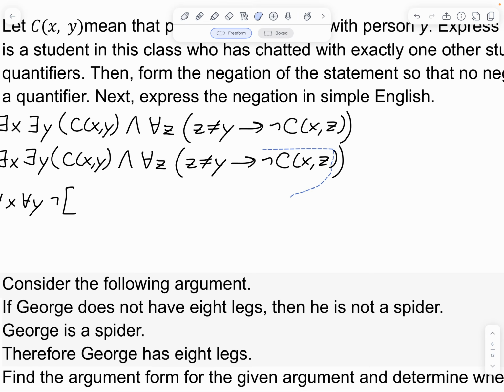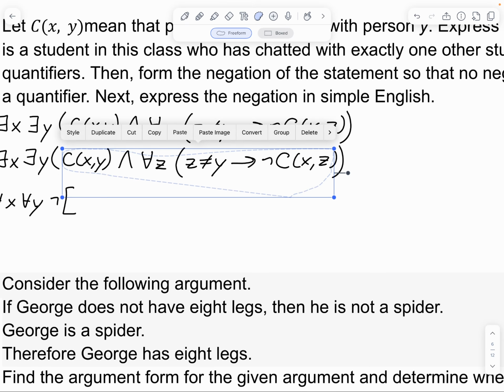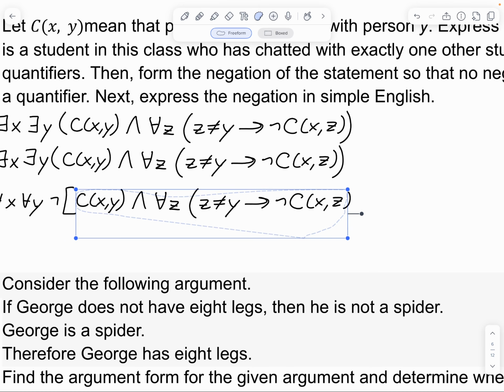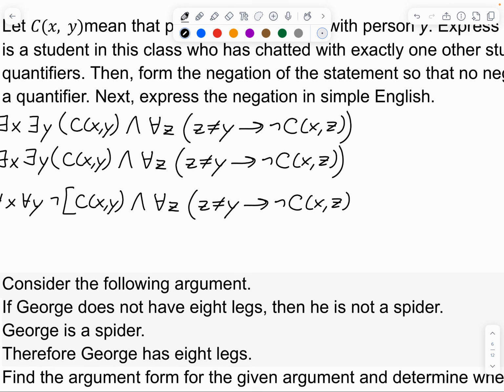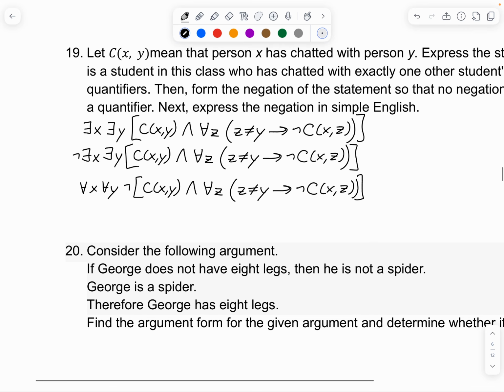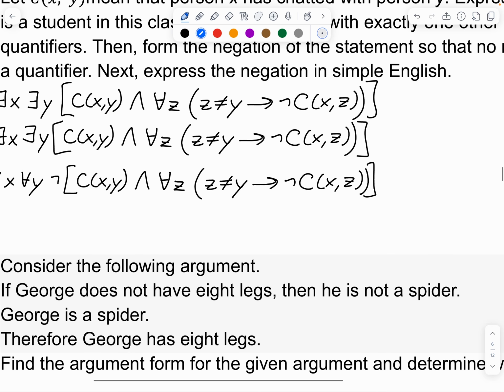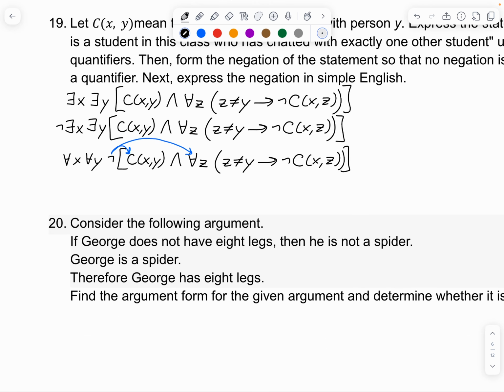So now it's here inside of my and statement. Let's see. I think I should have this bracket right here. That's just going to be a little clearer. Yeah, so it's outside of my and statement. And if you remember De Morgan's, to move this negative inside of the and statement, the and is going to become an or.